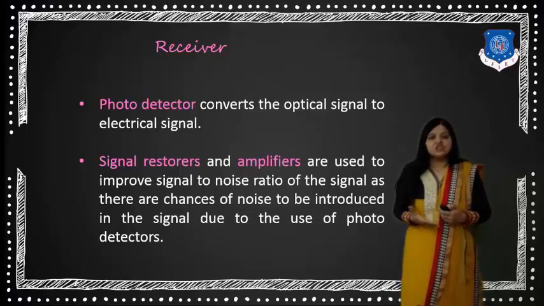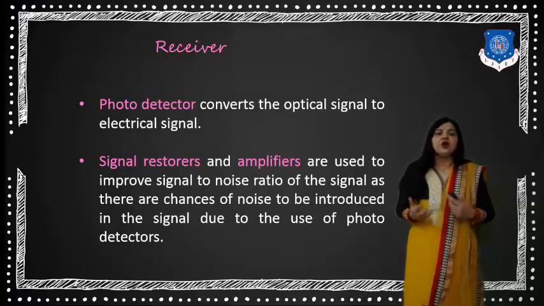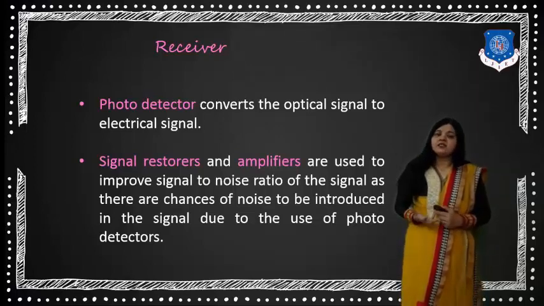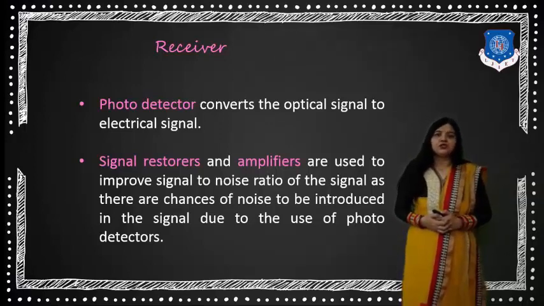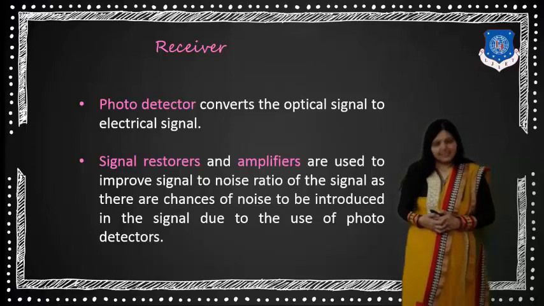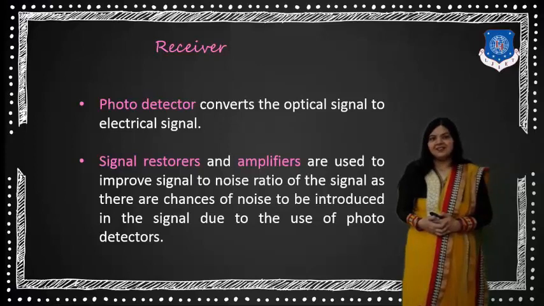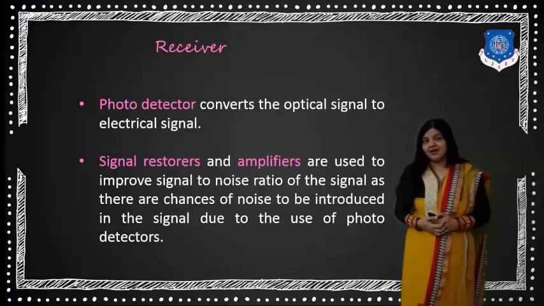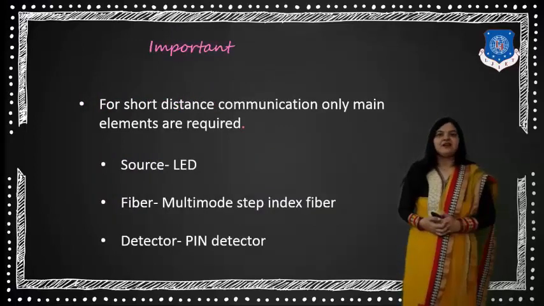The signal restorers and the amplifiers are also used to improve the signal to noise ratio of the signal, as there are chances of noise being introduced in the signal due to the use of the photodetector. If the amount of noise is less, then the signal to noise ratio is higher. So that is always our demand, to have a good SNR at the receiving end.